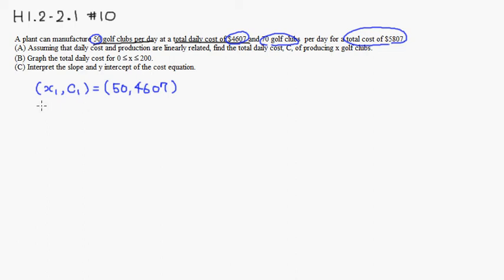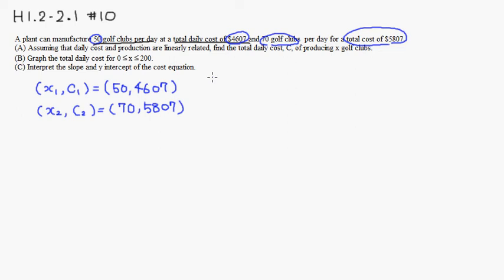So that's going to give you a second point: X2, C2 is (70, 5,807). Once you have 2 points, we can get the information we need to come up with the equation of the line. So let's do that.